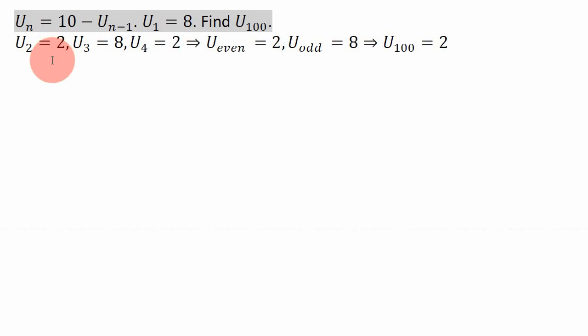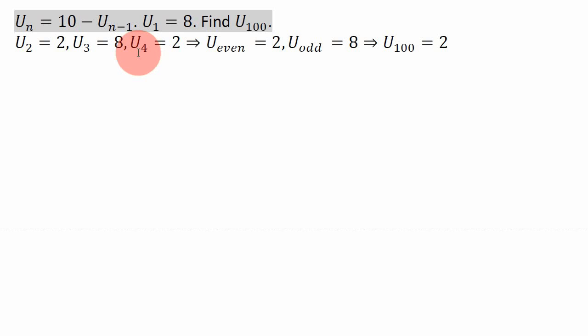Probably good to try out stuff by yourself, and you could even use a bit of algebra to figure out or prove to yourself that it really is a periodic pattern that keeps repeating. Basically, the pattern keeps going 2, 8, 2, 8, 2, 8, and I'll leave that as a little challenge for you to do.